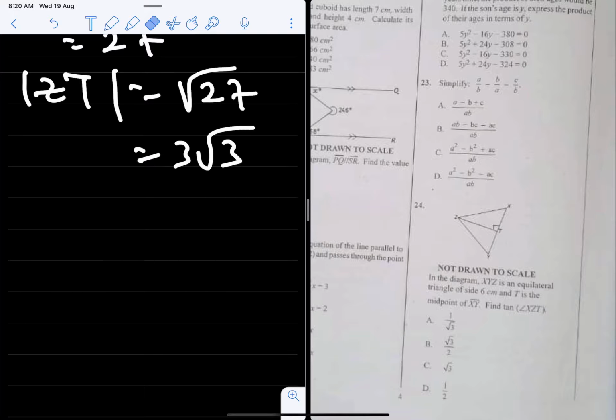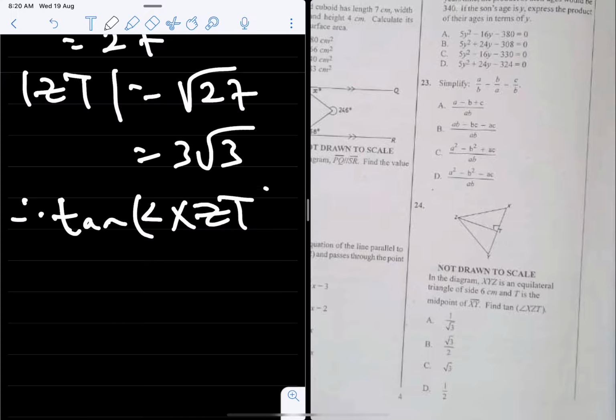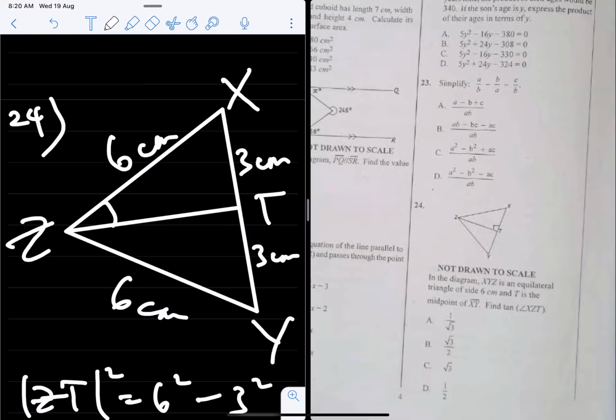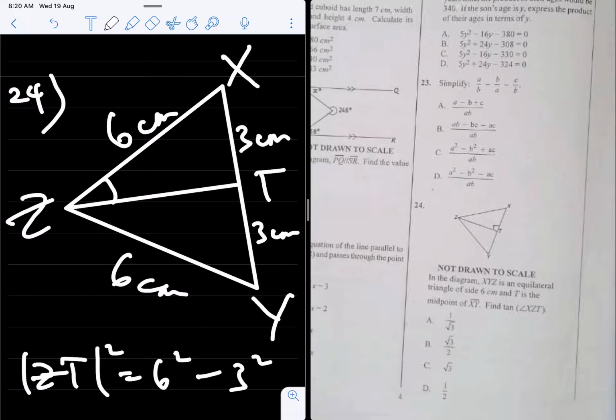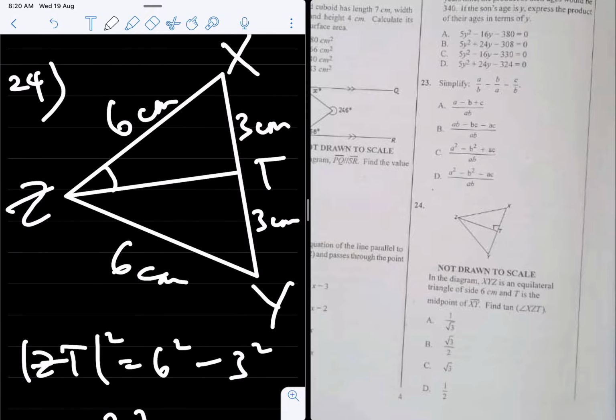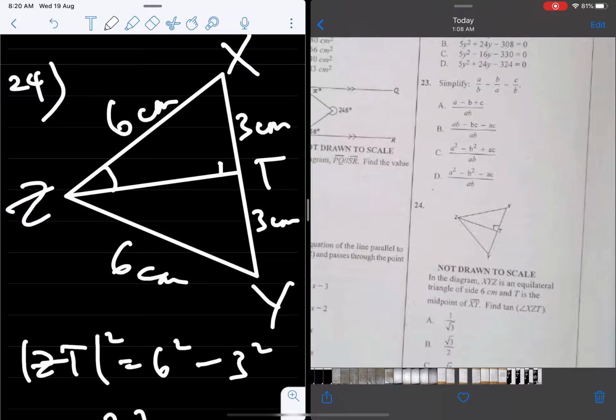So therefore, tan XZT is XT over ZT, opposite over adjacent. Of course, this is going to be a right angle because ZT is a perpendicular bisector.